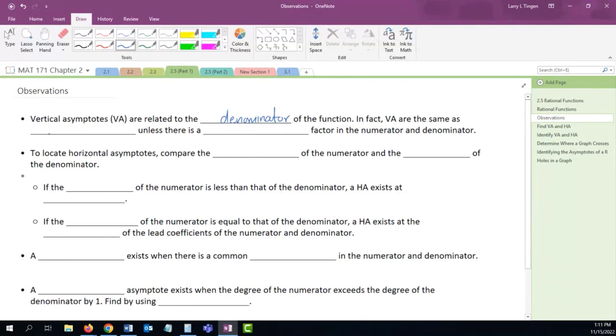So I'm just going to put "same as solutions." I'm going to write this out.